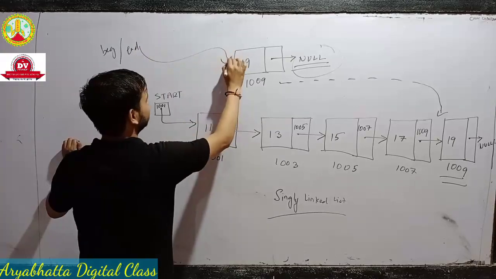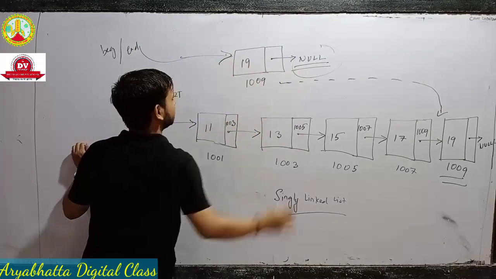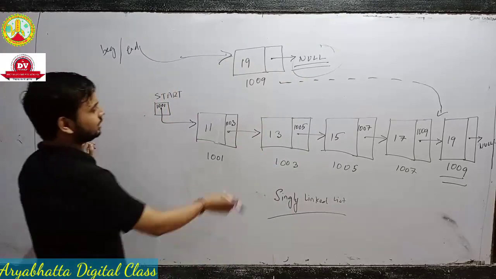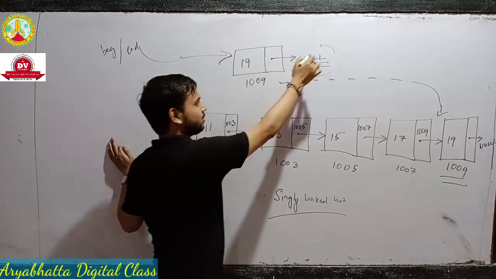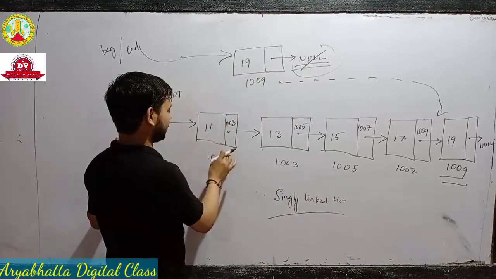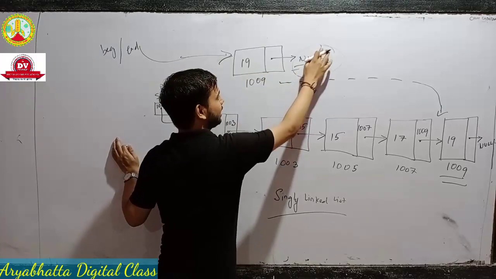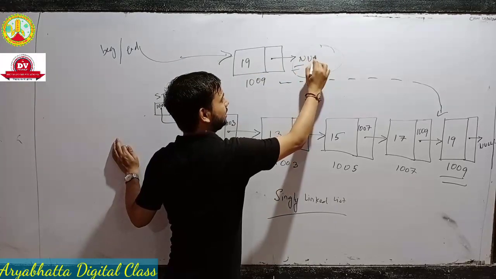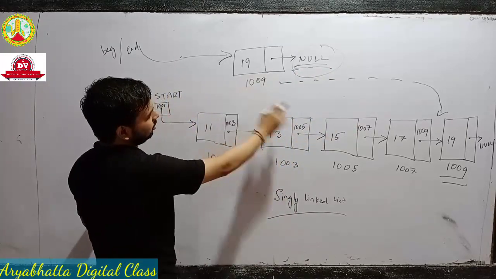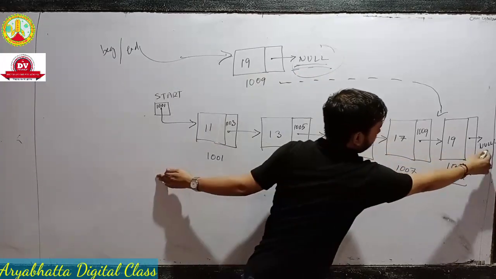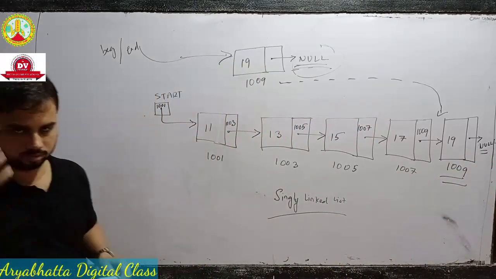But when this node is inserted in the beginning, this null part is gone and it will contain this address. But when this node is inserted in the end, the null will be the same, because it also contains null.